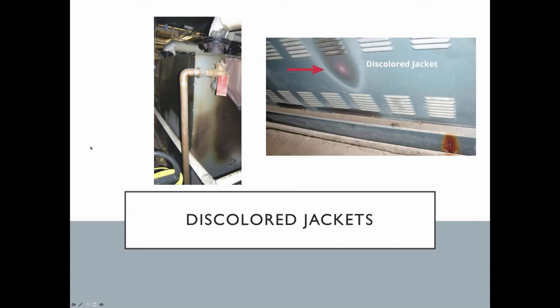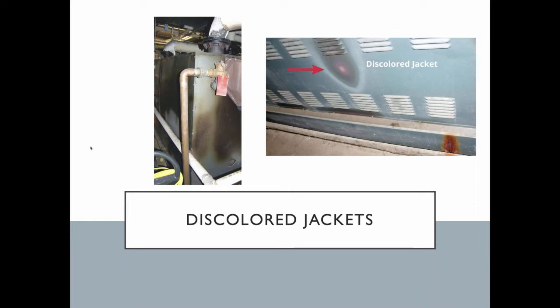The boiler on the left, I was called there, and they said the day before the boiler on the left was cherry red. They said, "Can I still use this?" I said, "Absolutely not." It's funny, people look at this stuff and think it's okay. And the one on the right, they were still firing this. So you could see the discolored jacket where the arrow is.